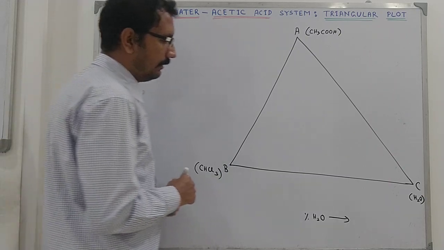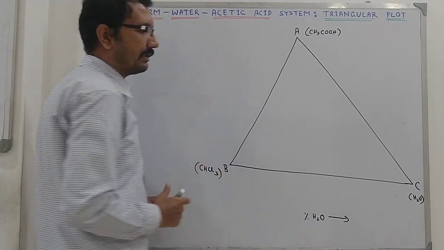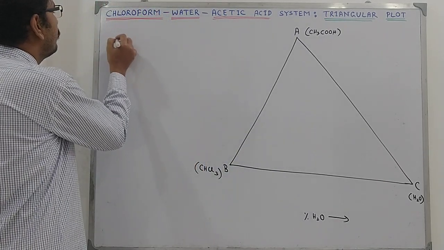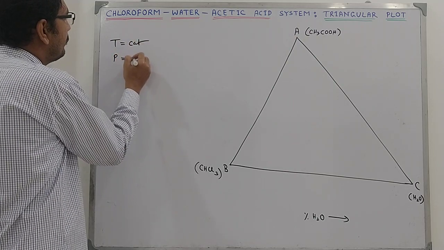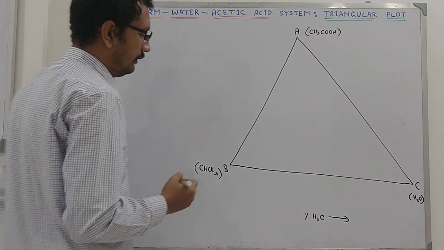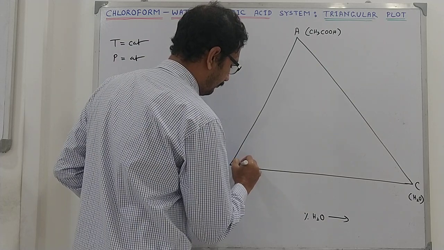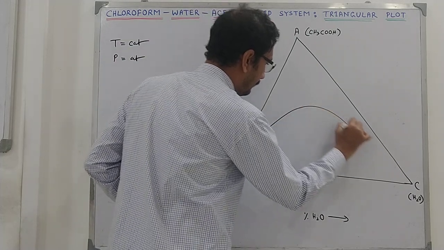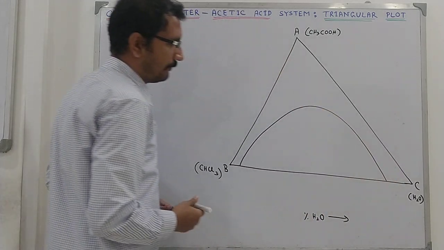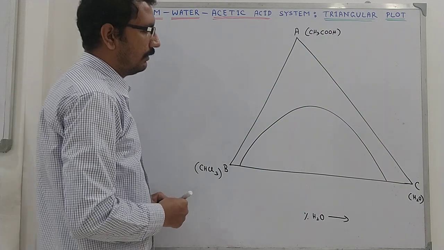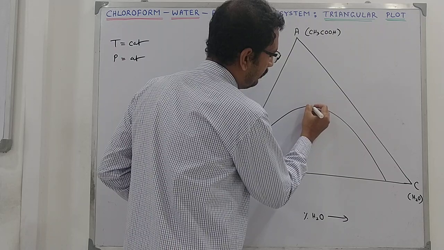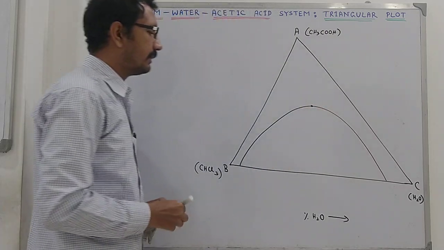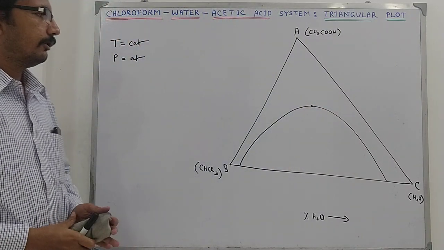Now here we will not vary the temperature. Temperature is kept constant here. Pressure is also kept constant here. But we will get a graph like this.